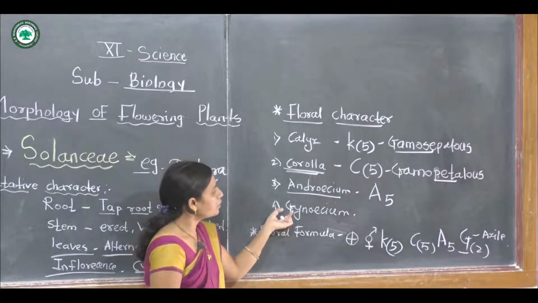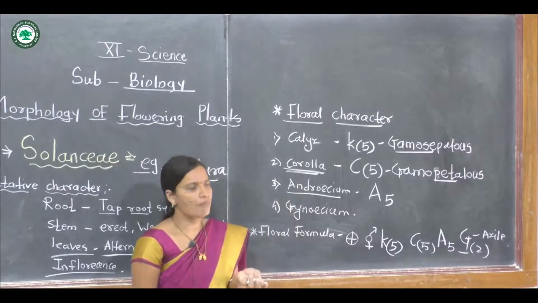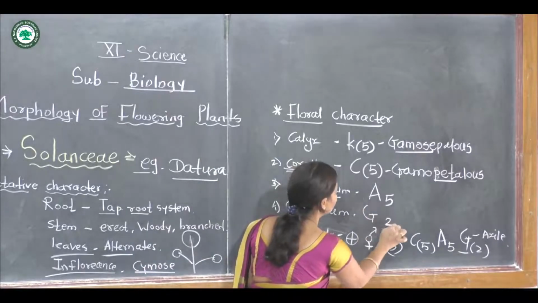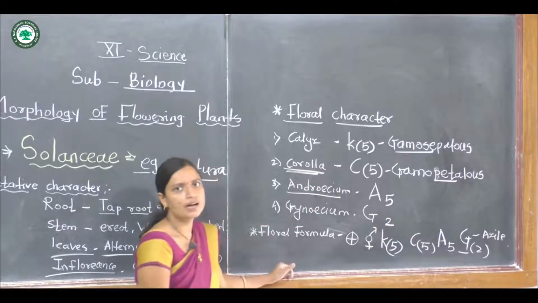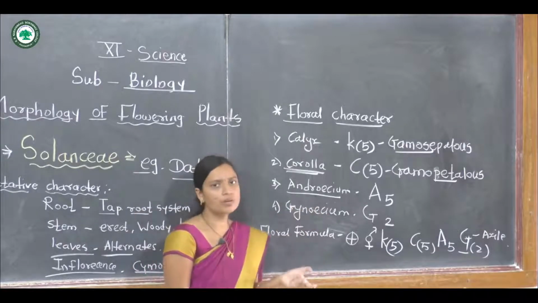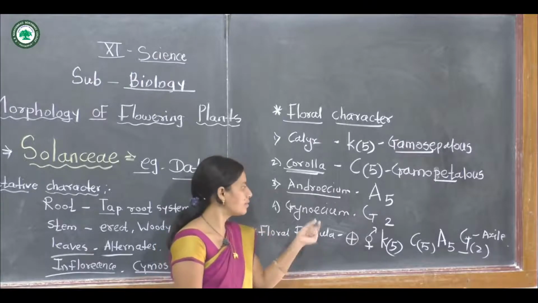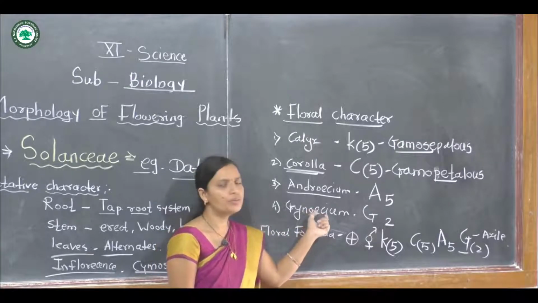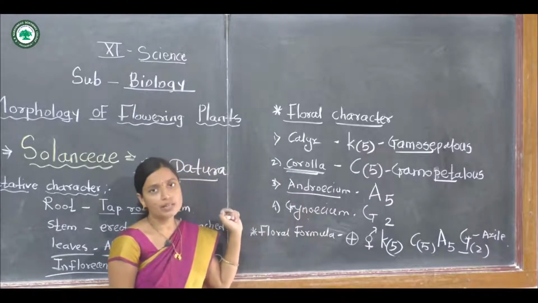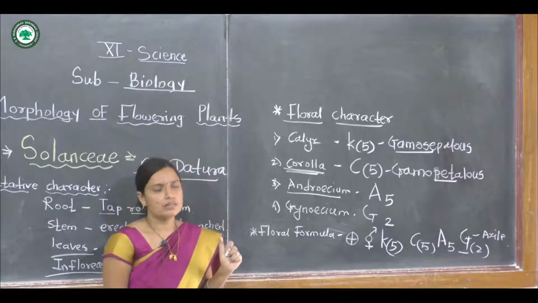Now the gynoecium is the female reproductive whorl of the flower, and the gynoecium is 2, meaning bicarpellary. In this flower, the carpels are united, joined, meaning in this family the gynoecium is syncarpous.